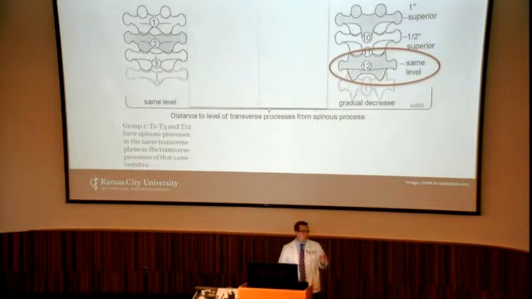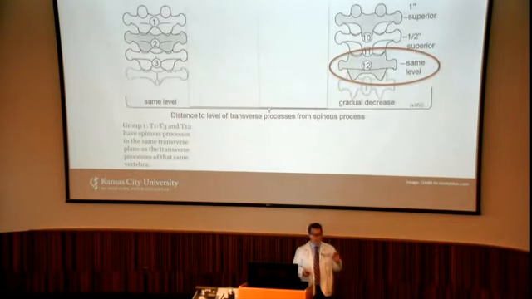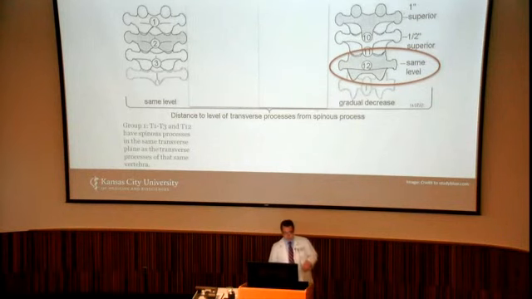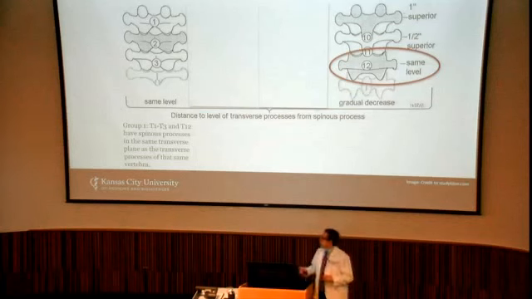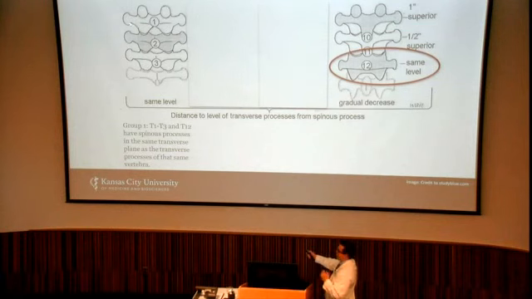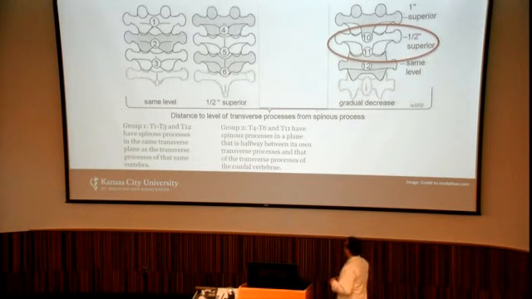So the thoracic rule of threes breaks up vertebrae into three groups. Group number one is T1 through 3 and T12, and they have their spinous process in the same transverse plane as the transverse process of the same vertebrae. Group 2 is T4 through 6 and T11.